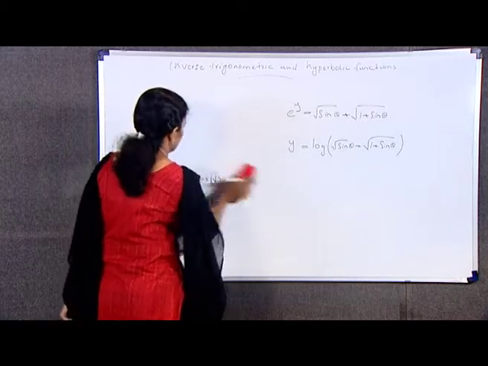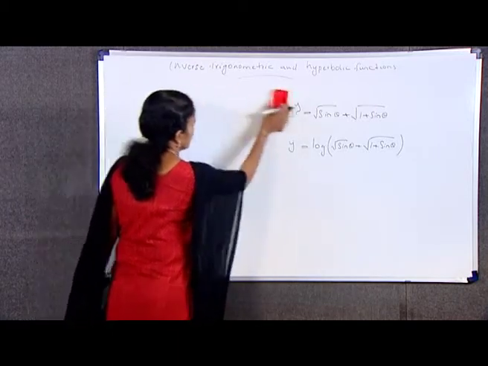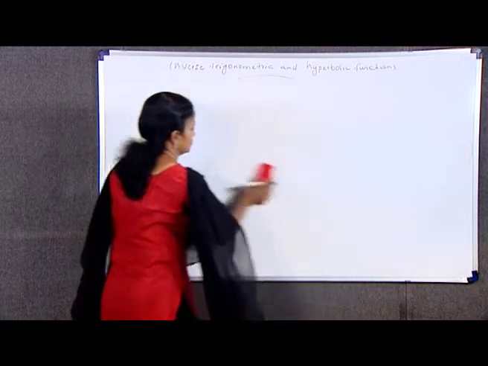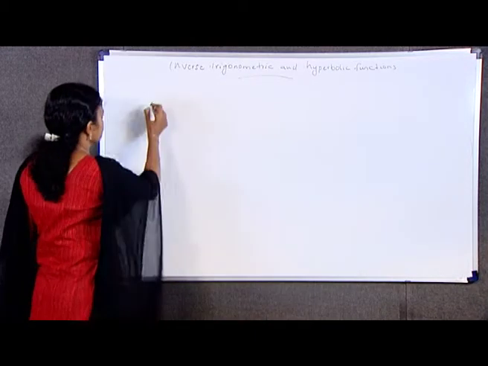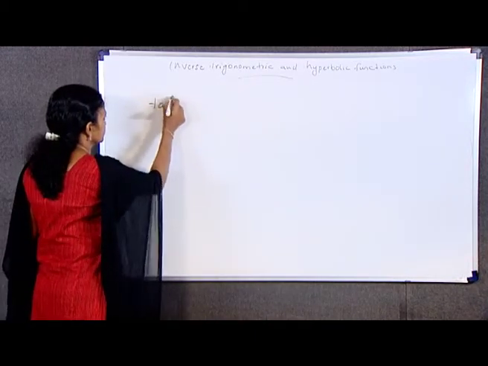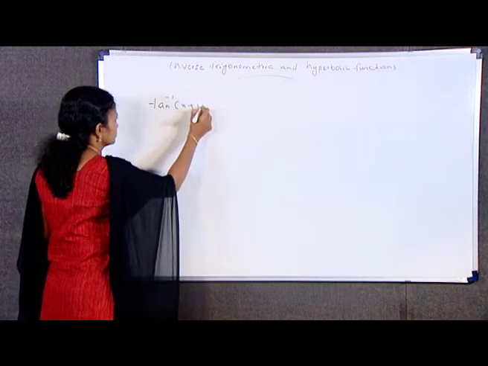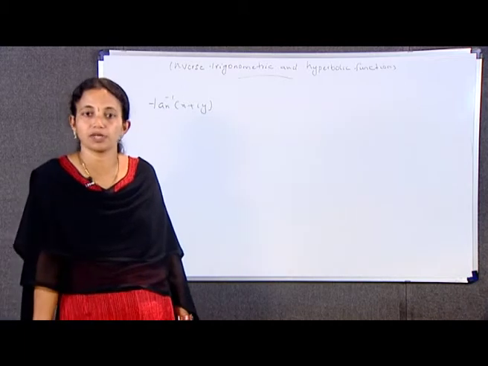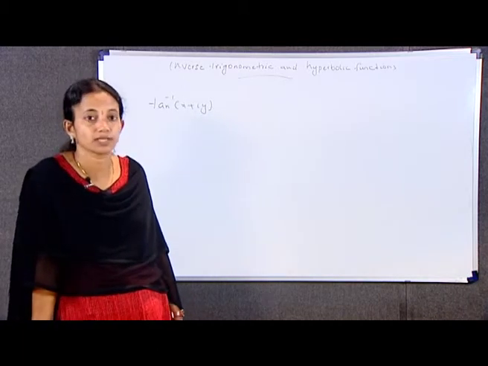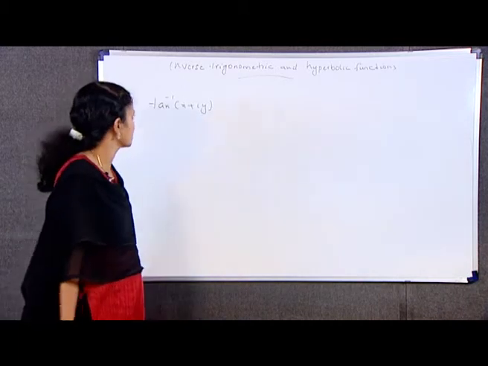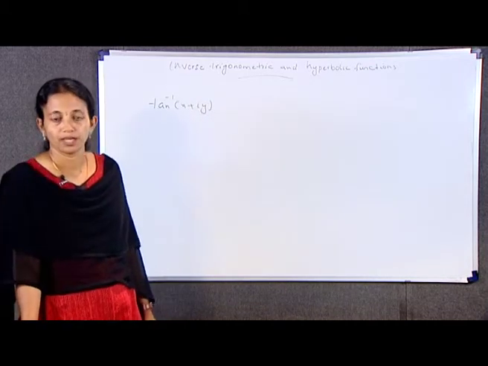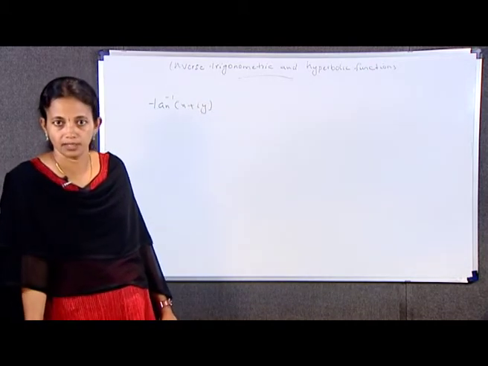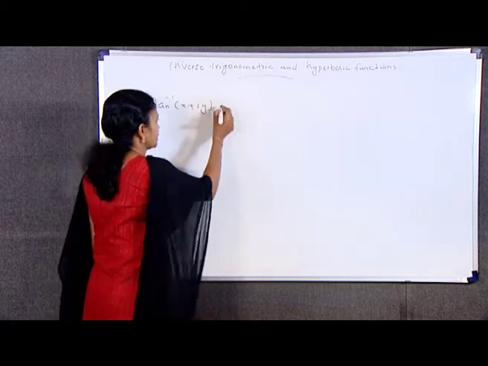Next one is tan inverse. We have to separate the real and imaginary part of this function first, and also express tan inverse of x plus iy. Let tan inverse of x plus iy be equal to a plus ib.